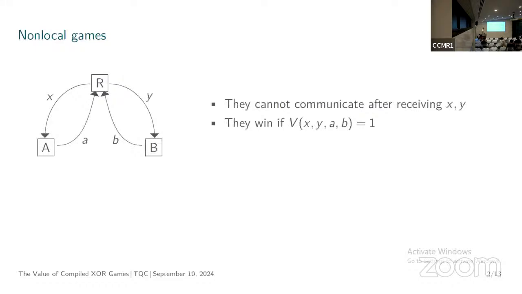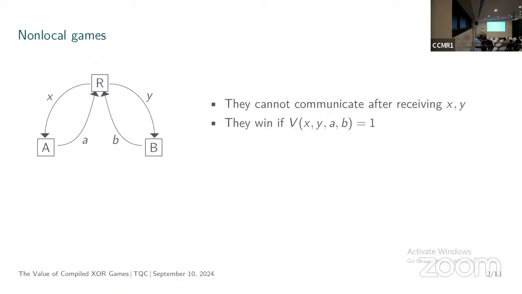So what is a non-local game? In a non-local game, we have two players and a referee, and the players get questions from some question sets, and they have to answer with A and B from some answer sets. Once they have received their questions, they are not allowed to communicate anymore.